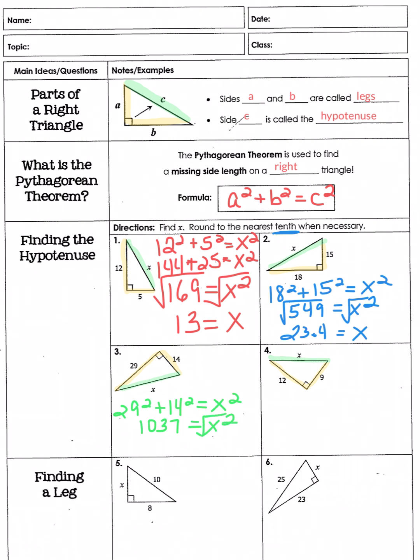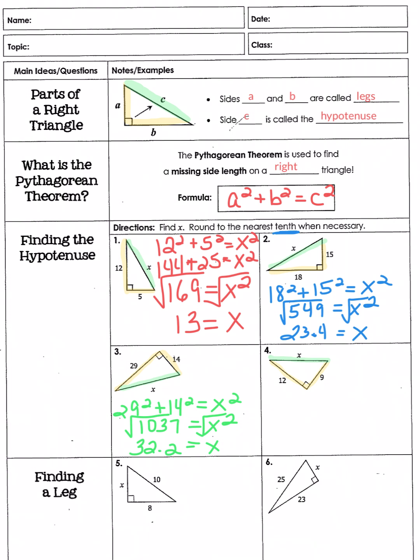My last step again is take the square root. And when I do that, I get 32.2. Remember, I had to round to the nearest tenth. After the 2 came a 0, so the 0 tells the 2 to stay. Remember, that side should be longer than the other two sides. And it is, so that makes sense.